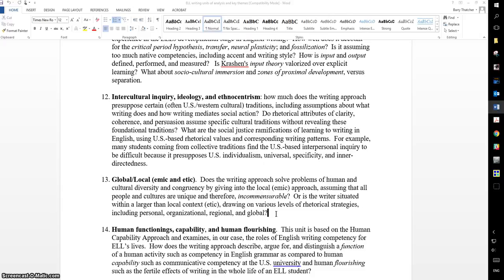And so when we look at writing assignments, when we look at exigencies, we try to develop an approach that is etic, and we have assignments based on common human problems.